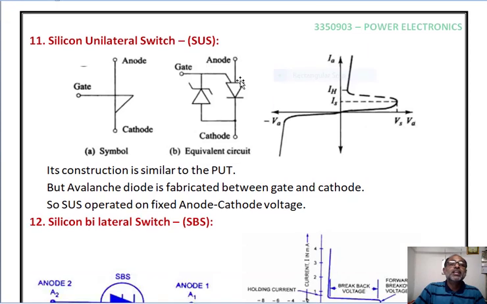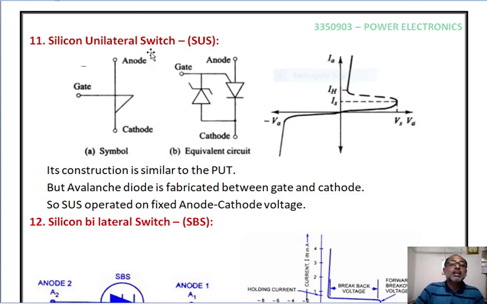Now next, silicon unilateral switch. Its construction is similar to the programmable UJT. But an avalanche diode is fabricated between gate and cathode.